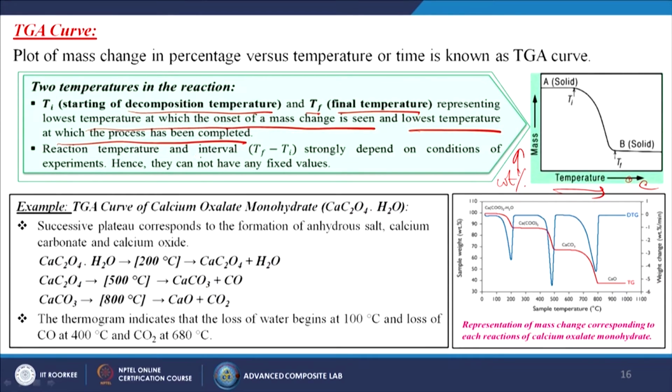The reaction temperature and interval, that is Tf minus Ti, strongly depend on experimental conditions, hence they cannot have any fixed values. So, slowly I am heating the material and the temperature is going up.